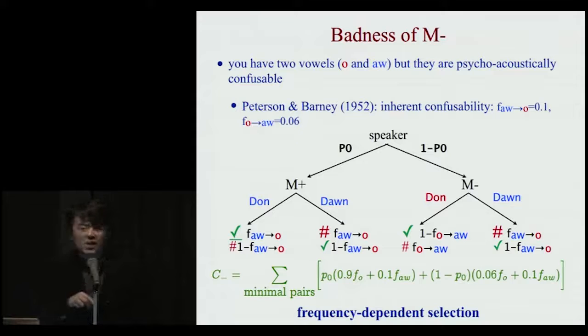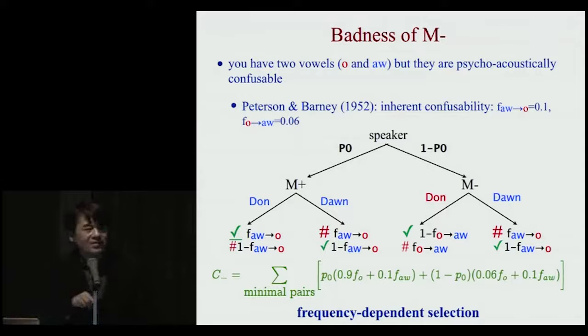So you actually hear DAWN, because this is an area where O and AW have merged to AW. So if you mishear AW as O, you actually guess right. When it's intended to be DON, the male name, you're actually okay. Otherwise, of course, you fail.